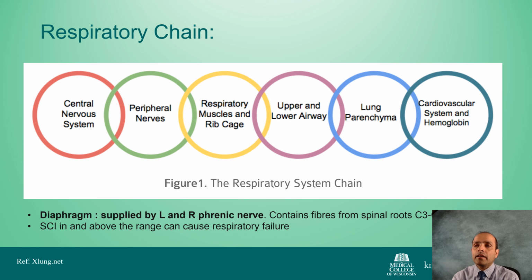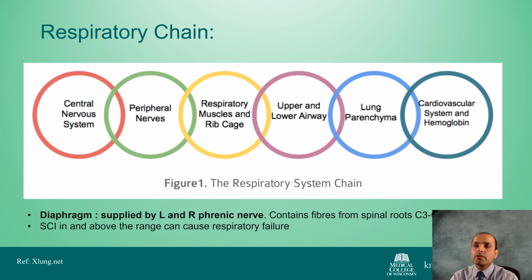On the other hand, if somebody has trouble with the next two, which is upper and lower airway and lung parenchyma, upper and lower airway with asthma, with COPD, or somebody with a lung parenchyma problem, pneumonia, those are the people who tend to get type 1 respiratory failure. In contrast to the first three, they tend to get what you call type 2 respiratory failure.